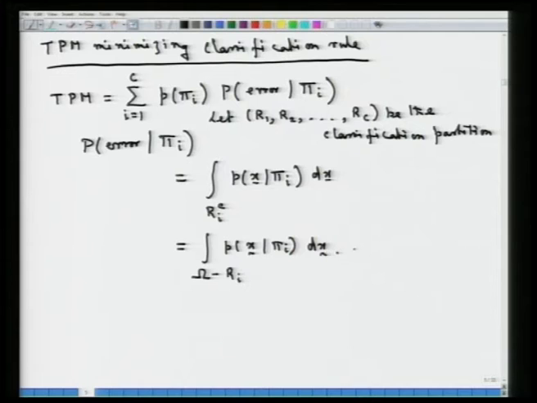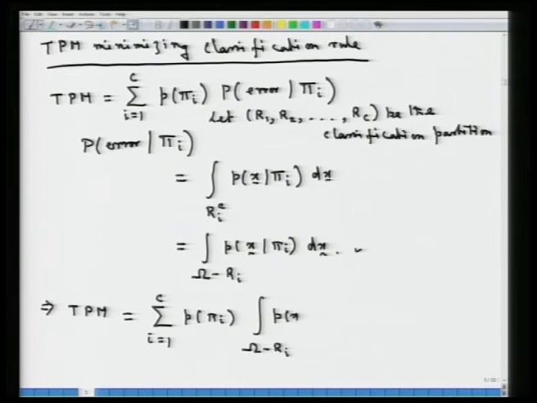Now, if the error is given by this particular expression, then this would imply that the total probability of misclassification for this multi-class problem is given by summation i equal to 1 up to c of p of pi i into the integral over omega minus Ri of p of x given pi i dx. Now, let us see what this term is equal to.